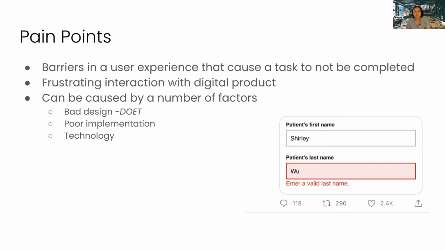So we've all probably filled out forms on the web. This one was an example that somebody posted, and she was trying to get healthcare access or sign up for a healthcare plan. And she had a 2-letter last name, but the form itself did not accept 2-letter strings of text, right?